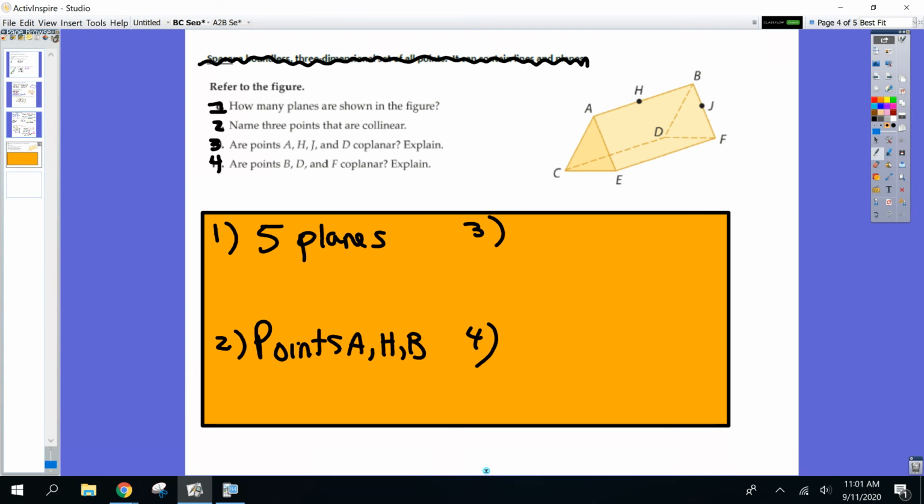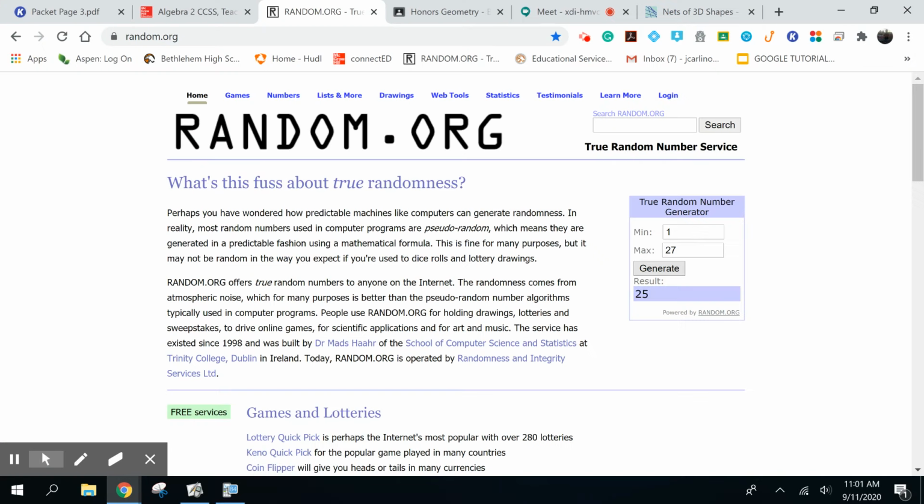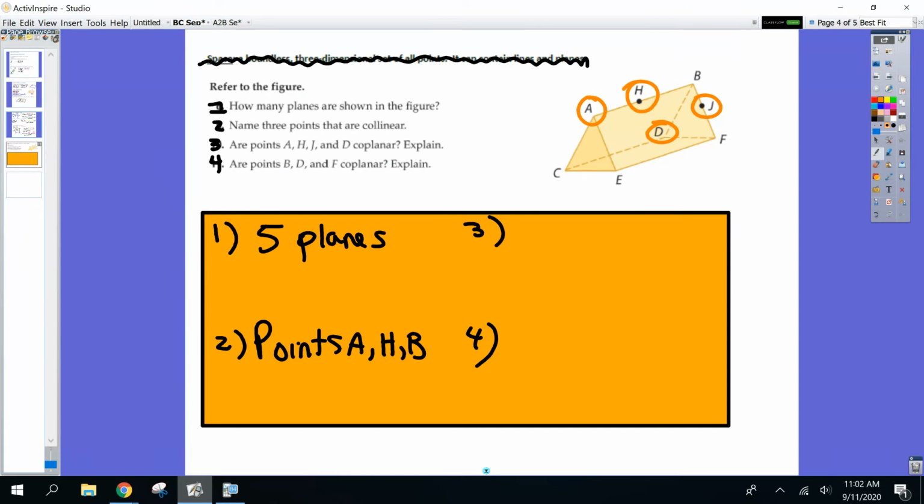Okay, here we go. Are points A, H, J, D coplanar? Don't worry about the explain part. Just give me a yes or no here. Atticus, what do you got? Atticus, AHJD, coplanar.